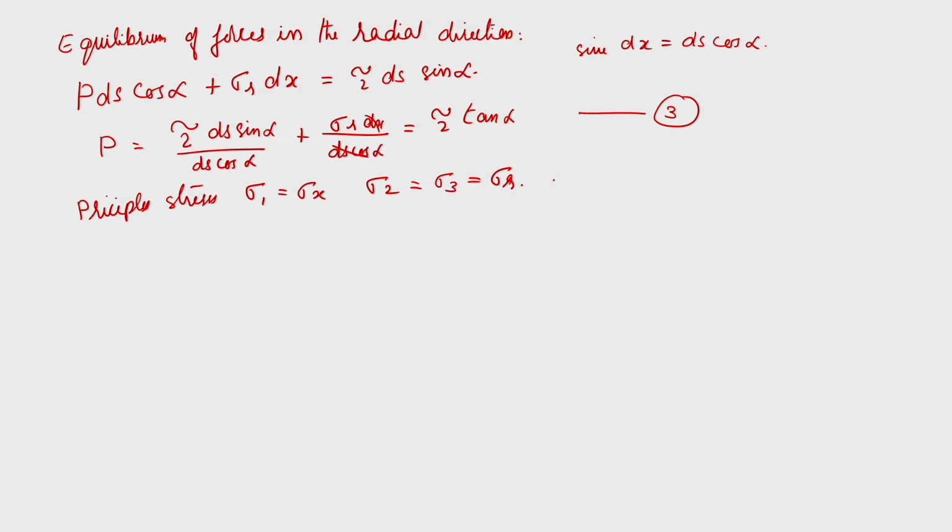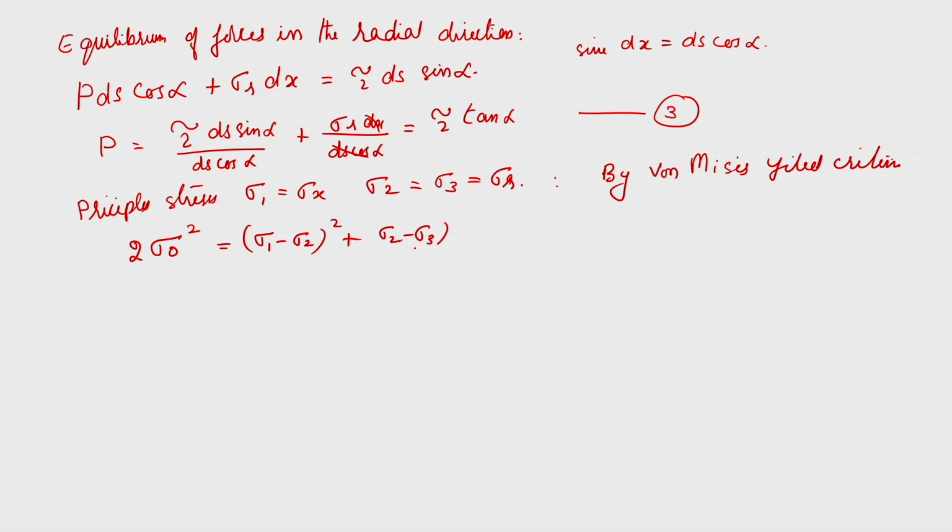Then, assuming the von Mises yield criterion from our earlier lectures, for yielding we will write 2 into the uniaxial yield strength, 2 sigma 0 square, is equal to sigma 1 minus sigma 2 the whole square plus sigma 2 minus sigma 3 the whole square plus sigma 3 minus sigma 1 the whole square.